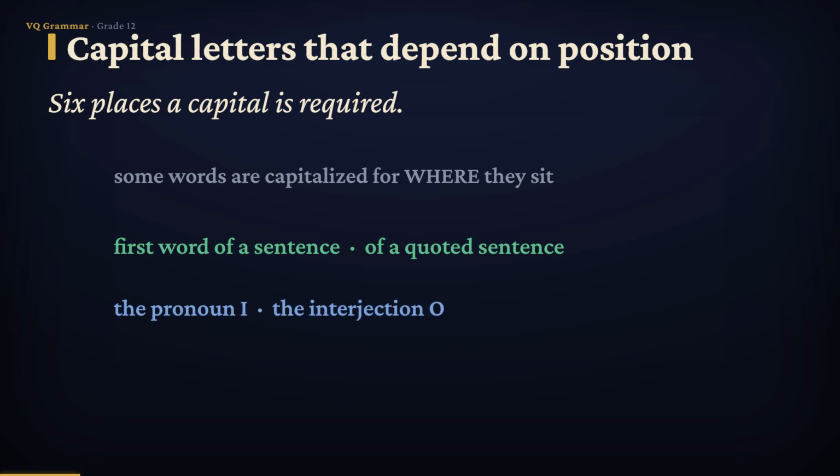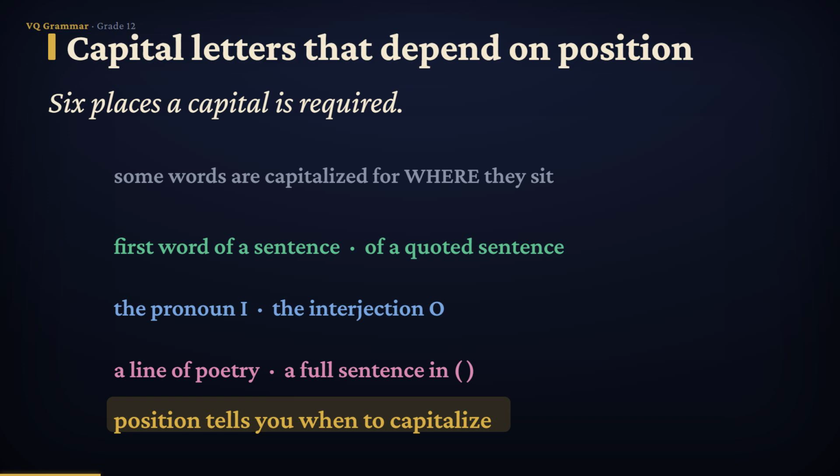The pronoun I is always capital, and so is the old poetic interjection O. The first word of a line of traditional poetry is capital, and a complete sentence standing alone inside parentheses gets one too. In every case, it isn't the word's meaning that decides, it's the word's position. Keep that idea in your pocket, and the rest is easy.